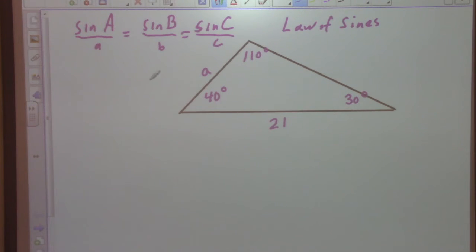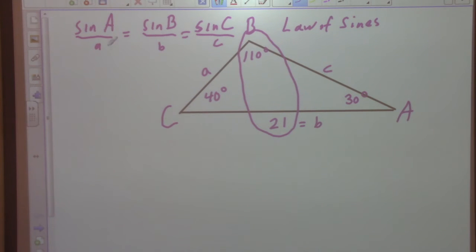Okay, so law of sines. It works if you have a known side opposite a known angle; that's evidence that you have a law of sines application. What I like to do is turn this equation upside down, and I'm going to label these: little a, big A; big B, little b; and big C, little c.